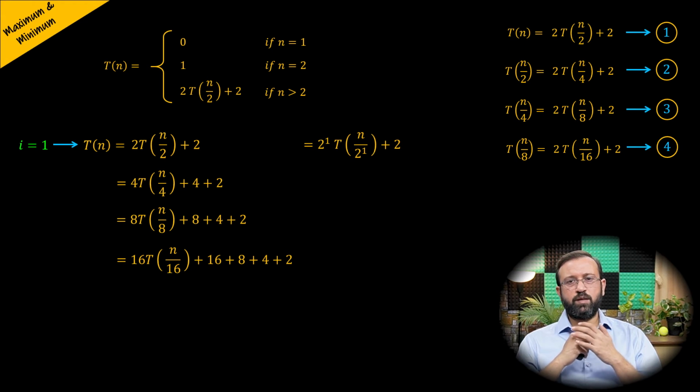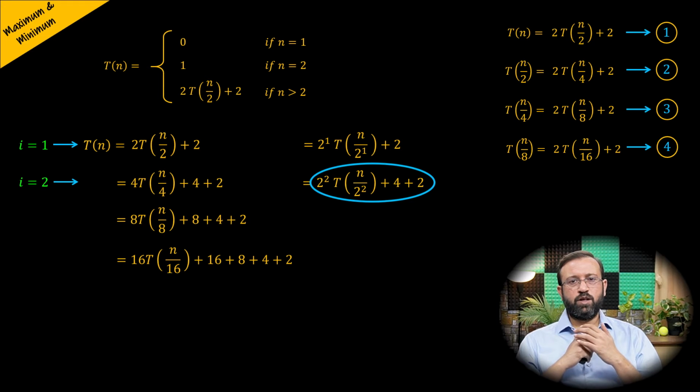Then for the second substitution, that is i is 2, we have 4t of n by 4 plus 4 plus 2, which can be written as 2 power 2 t of n by 2 power 2 plus 4 plus 2.